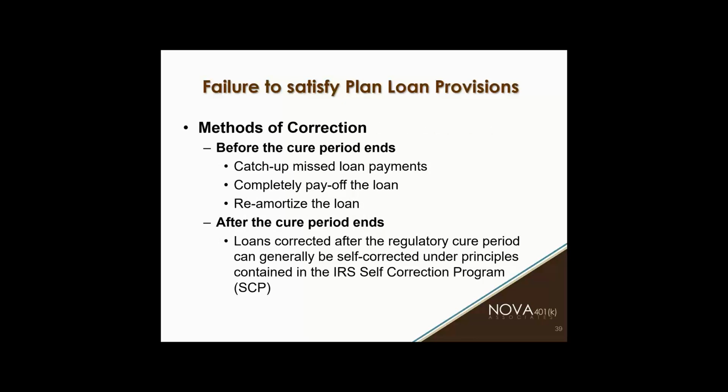So how do we fix a delinquent loan? You can either catch up the missed loan repayments. If they've missed a month's worth of loan repayments, then you could set it up in your payroll system to just deduct 4 payments extra and send those into your investment provider to bring it up to speed, or bring it current. You can also completely pay off the loan. That's always an option for an employee. Again, they would have to send in a check.